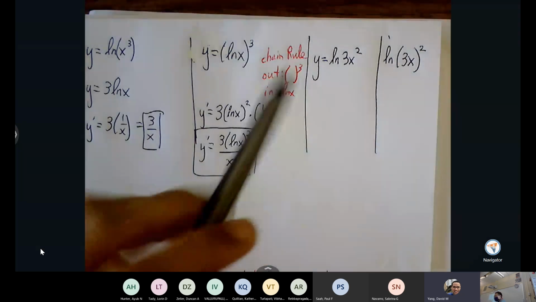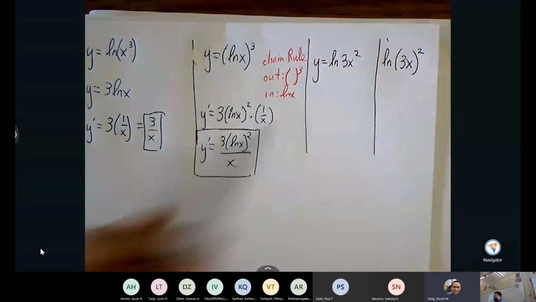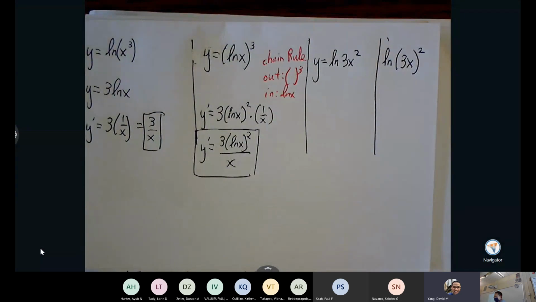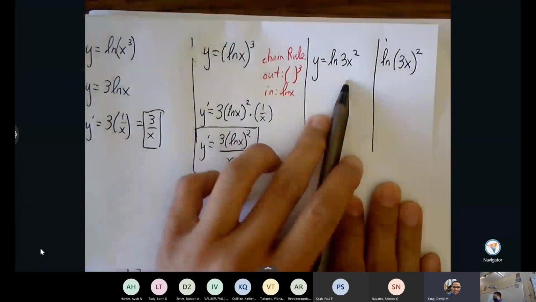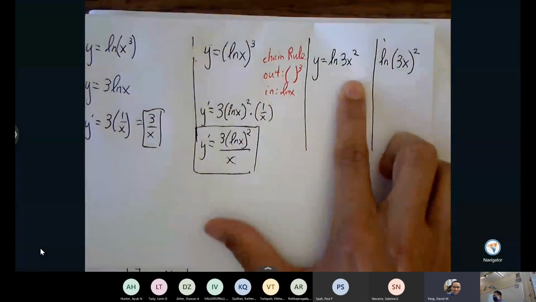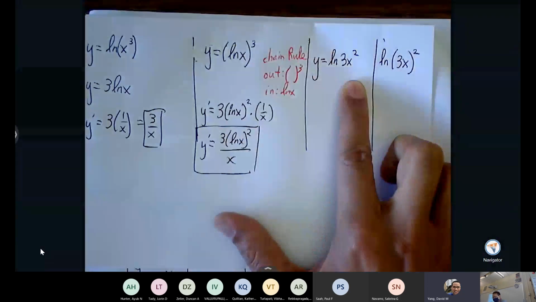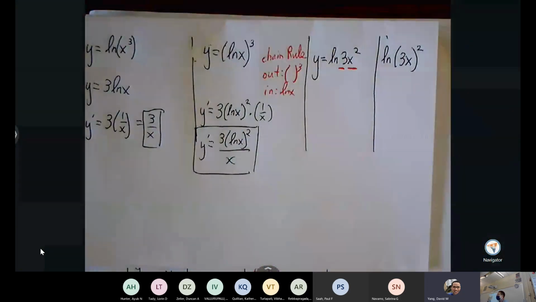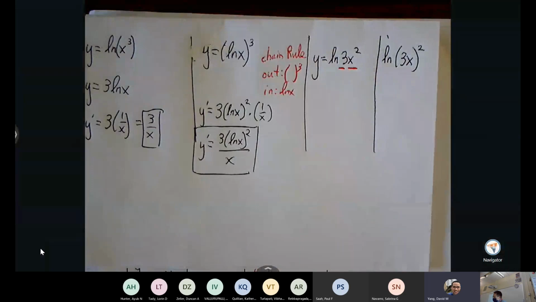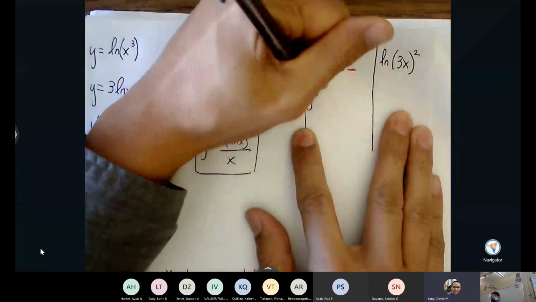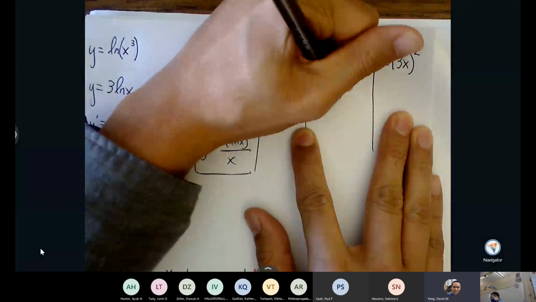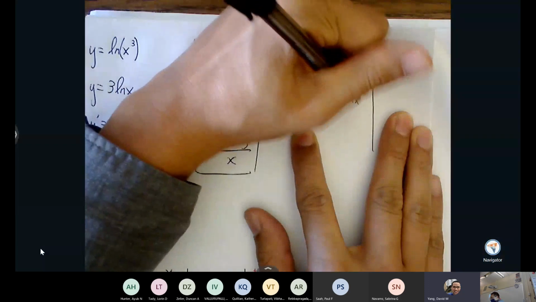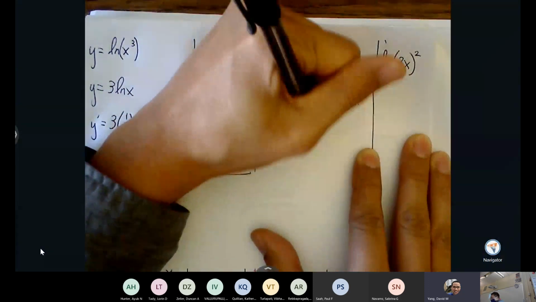I would say if you're seeing this problem, I wouldn't expand any further because it's an easy derivative rule. But if you want to expand, what do you have to do first? I've got to separate the 3 from the x squared before that 2 can come down. I can't just bring that 2 down in front. I've got to make it y is equal to natural log of 3 plus natural log of x squared. And then you can bring that 2 down.